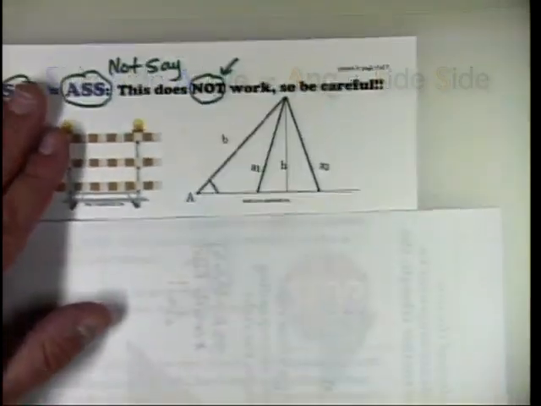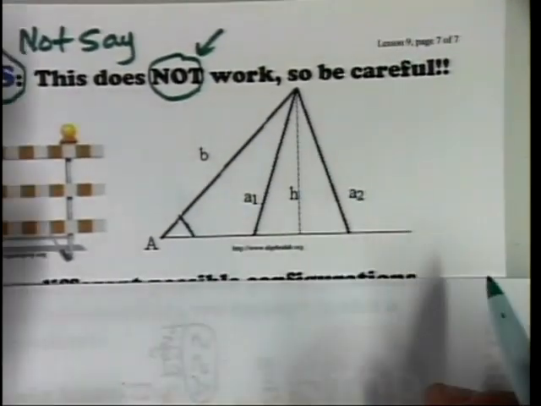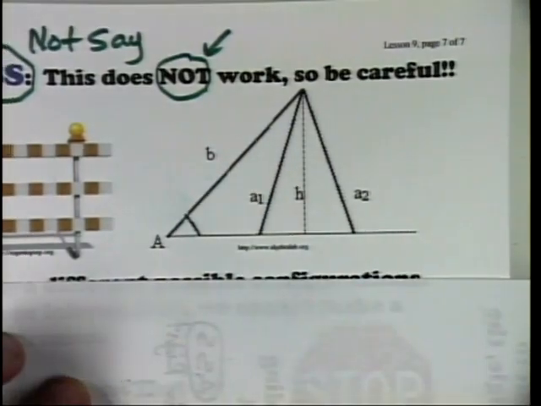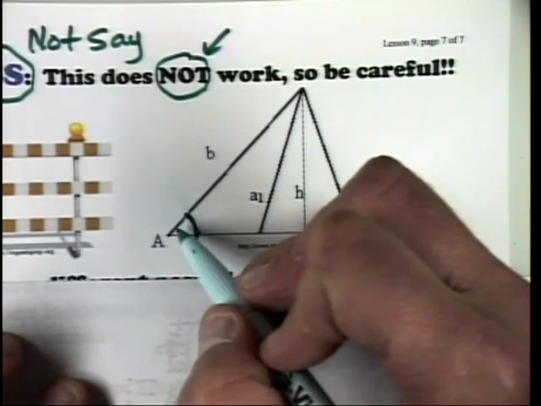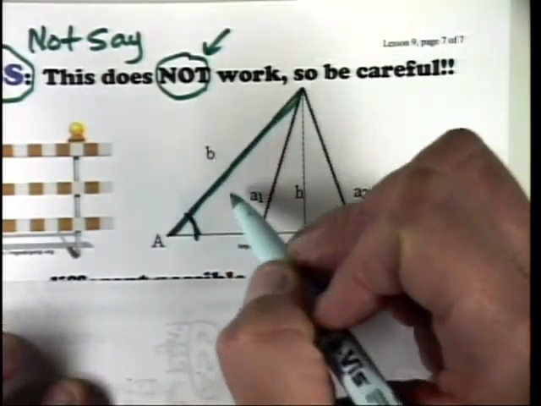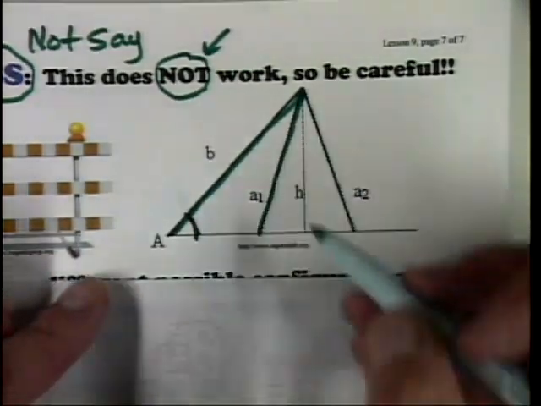Look at this little diagram here. In this diagram, I can look at having an angle and two sides. So let's say I have this angle here, angle A, and then this side, angle B, and another side, call it A1. Okay?